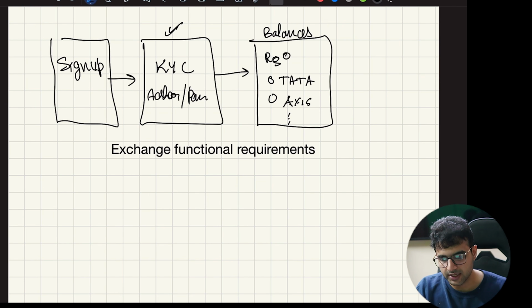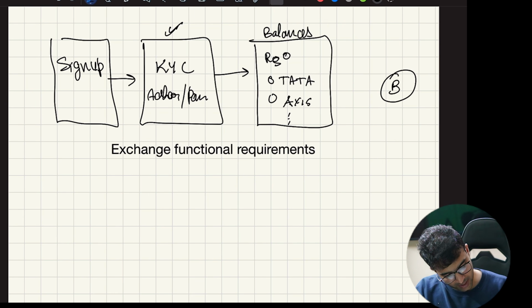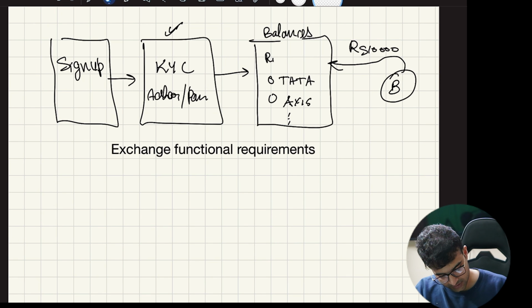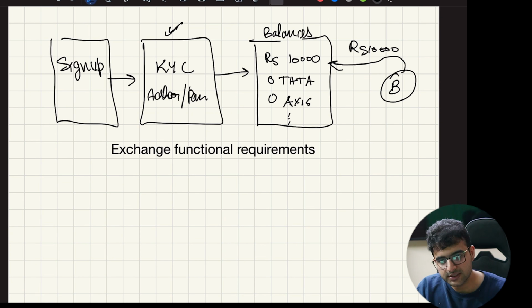Because you've just signed up, the next step usually is that you go to your bank account and transfer some money in here, let's say 10,000 rupees. And now your balances will show that you have not just 0 rupees, but around 10,000 rupees. And now you can trade with it. What does trading mean?